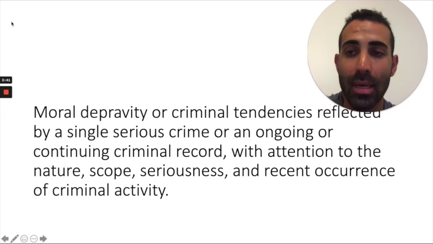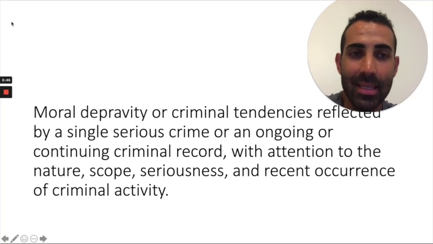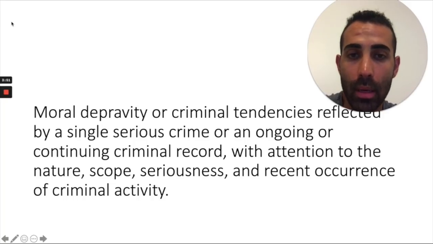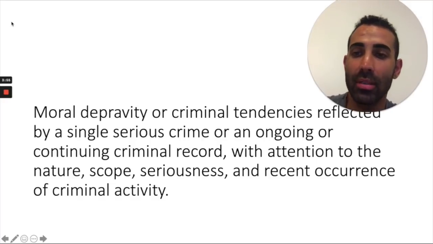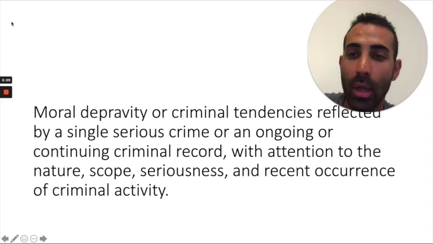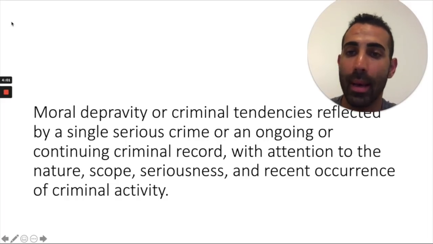The next one is moral depravity or criminal tendencies reflected by a single serious crime or an ongoing or continuing criminal record with attention to the nature, scope, seriousness, and recent occurrence of criminal activity. Again, looking at somebody's criminal record and criminal history.